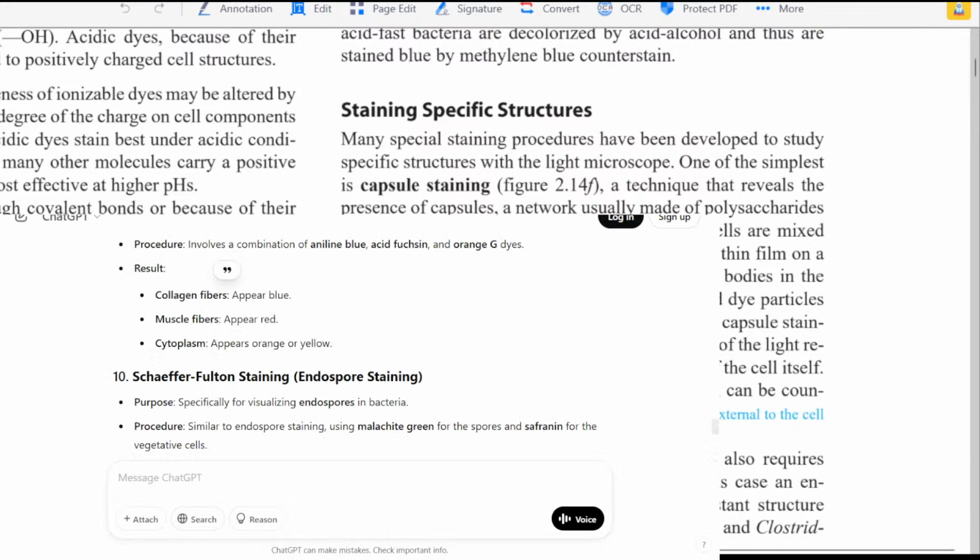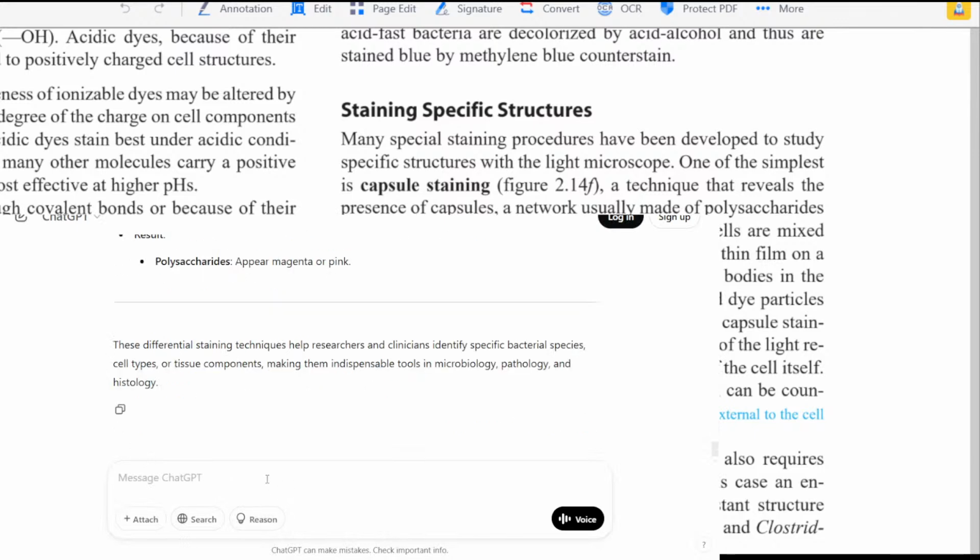Wait, nigrosin dye is India ink. I forgot the name. Nigrosin, okay.